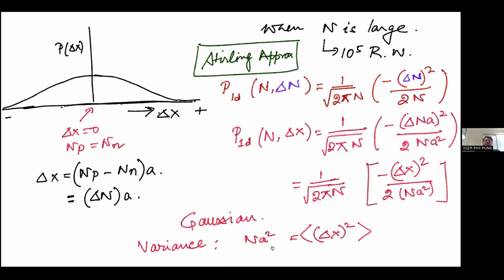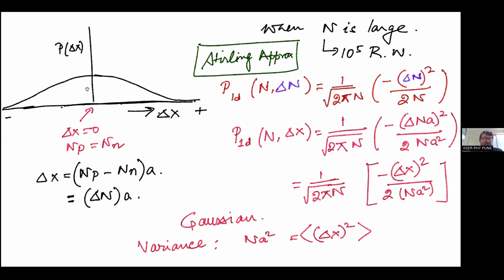Now, the thing to note is, see, a person is taking n steps per day. But the standard deviation, so variance is sigma square, sigma being the standard deviation, the width of the Gaussian, goes as root n.